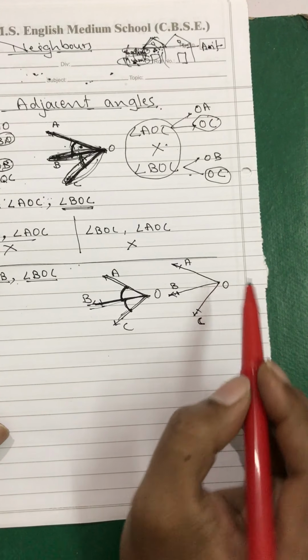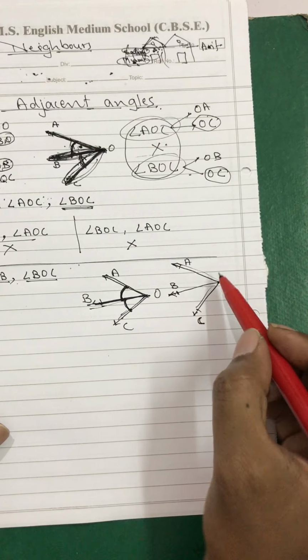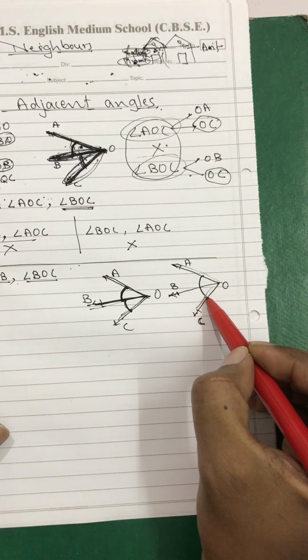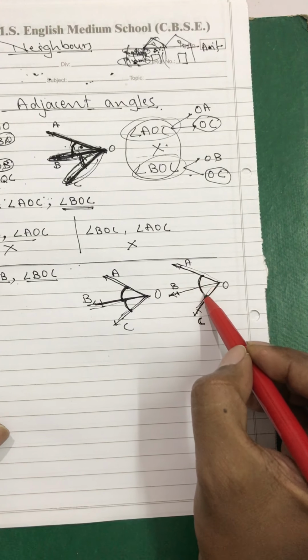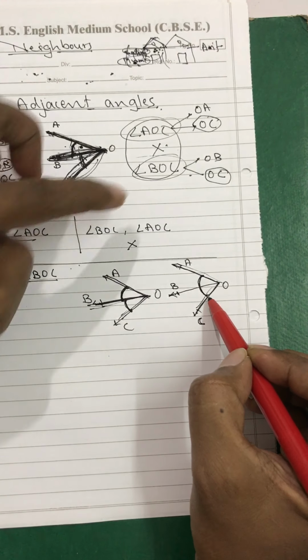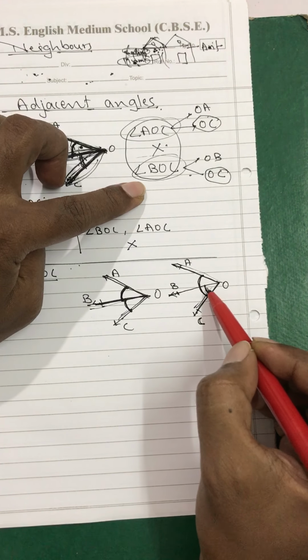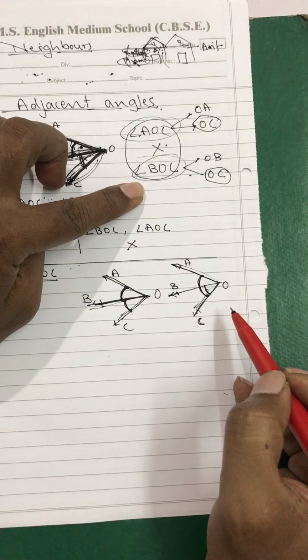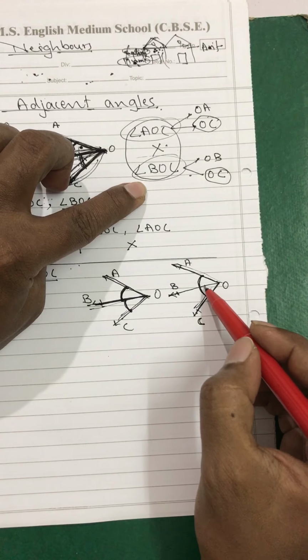But consider angle AOC and angle BOC. Angle AOC is from this arm till this arm, and angle BOC is from this arm till this arm. There is an overlap. These two are not adjacent angles because there is an overlap.